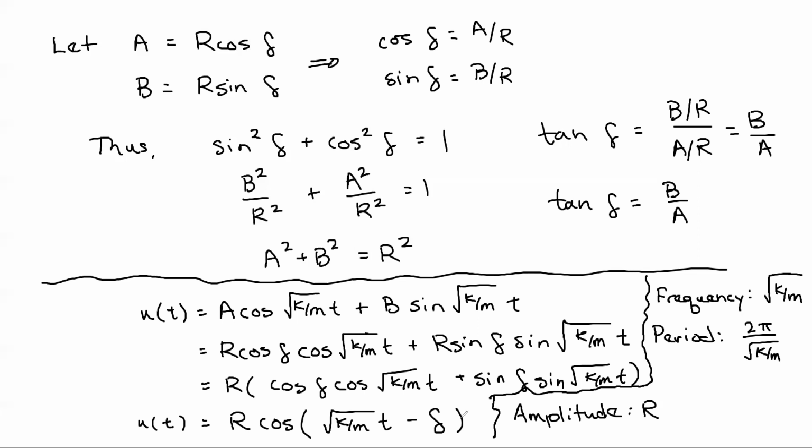And then finally, this other thing that's subtracted here, that's called the phase shift. So that's our delta. And so by translating this from A and B into R and delta, we can basically make a bunch of observations about how the object moves.